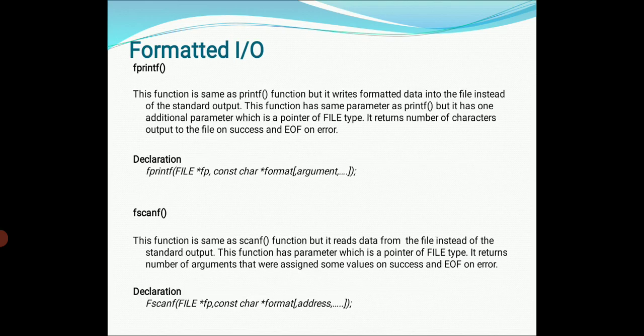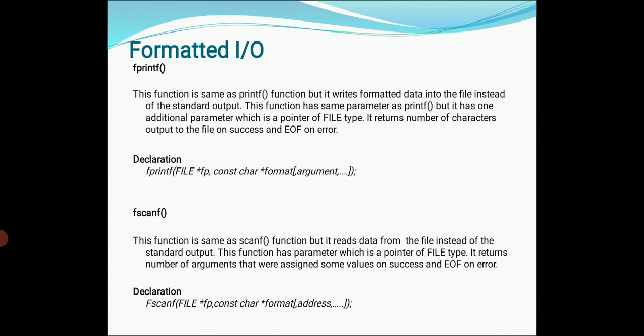The next is formatted I/O, input and output. It also has two functions, fprintf and fscanf, the same as how printf and scanf operate in C programming. This function is the same as the printf function, but it writes formatted data into a file instead of the standard output.